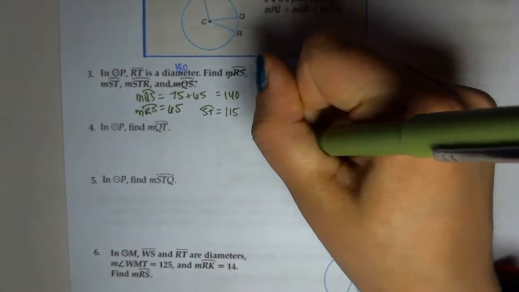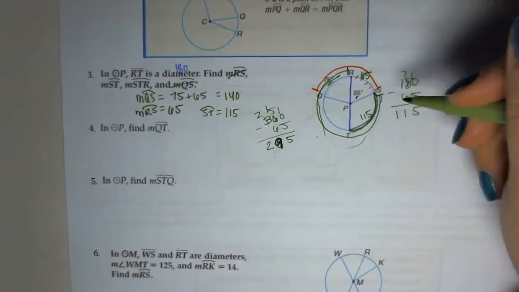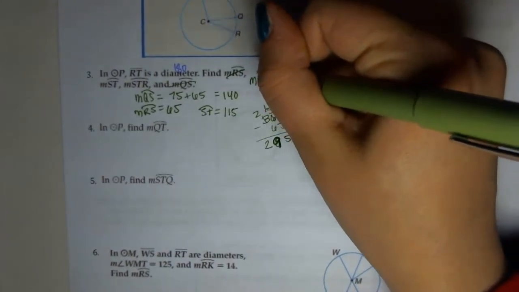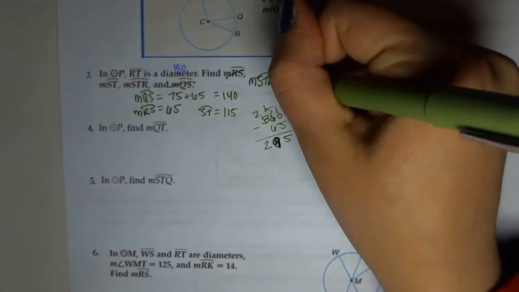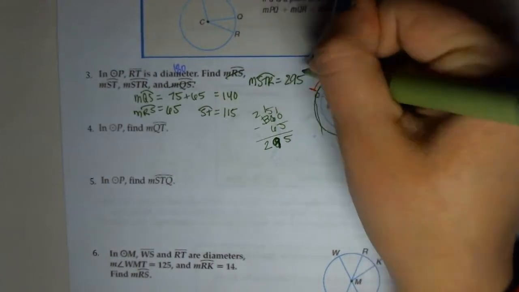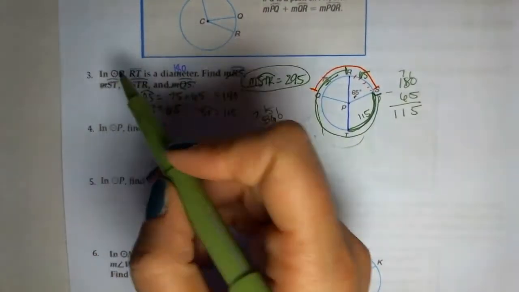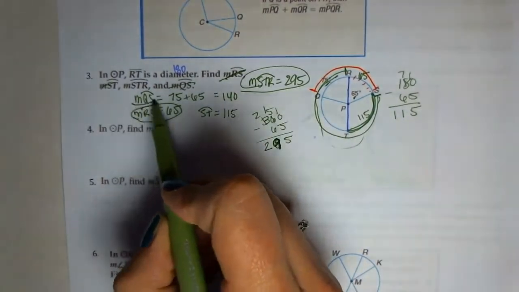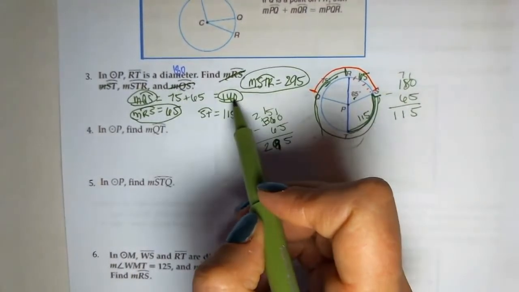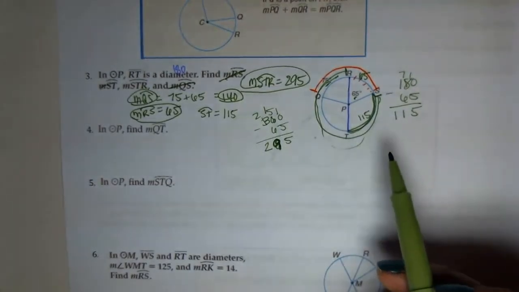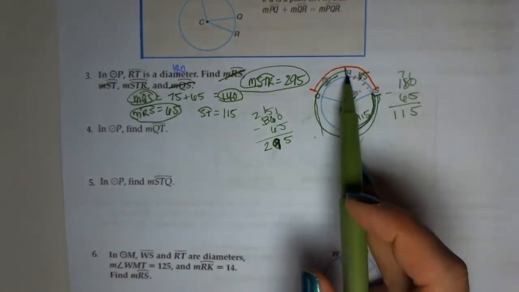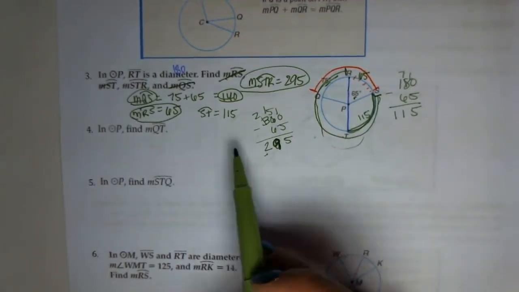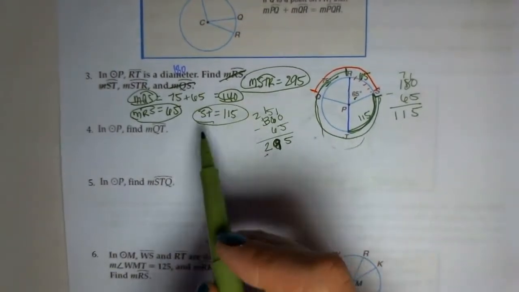Oh no, I was right. 295. So I know that this major arc, STR, equals 295. So I have my STR, check. RS, 65, check. QS, 140, and STR is 295. Oh, and ST we found was 115. All right.